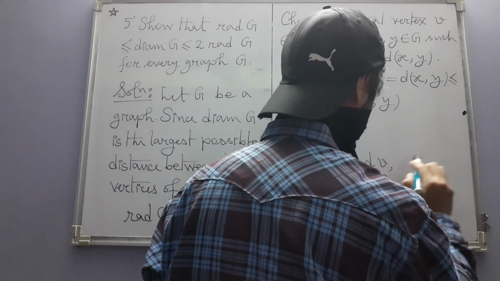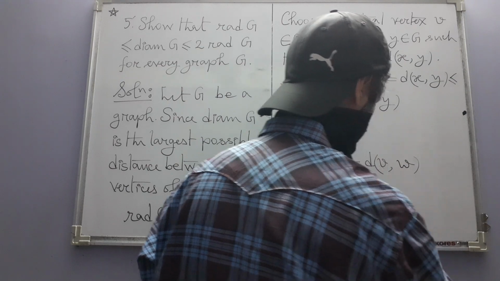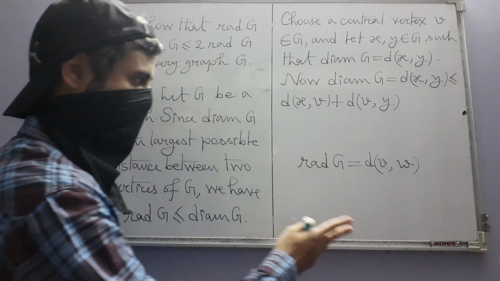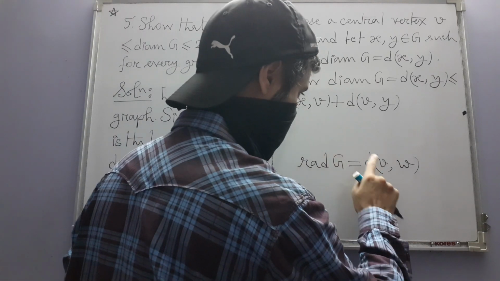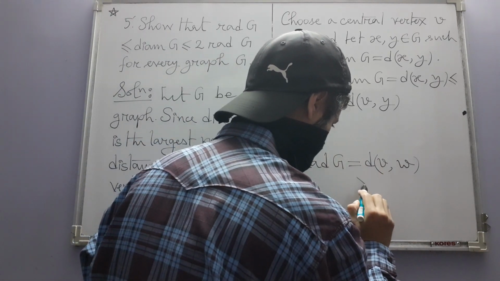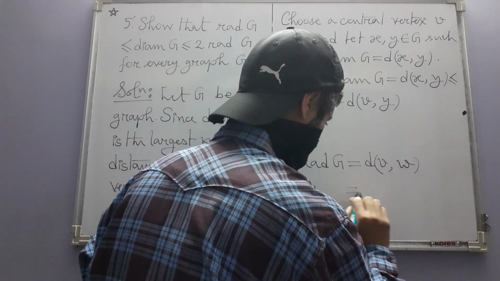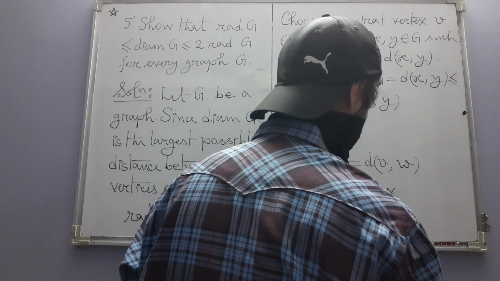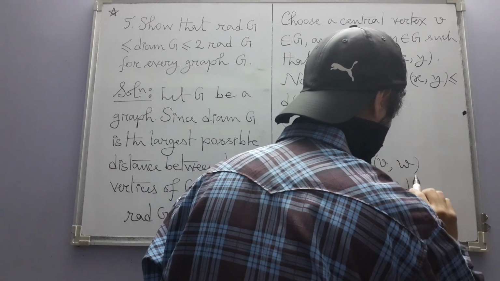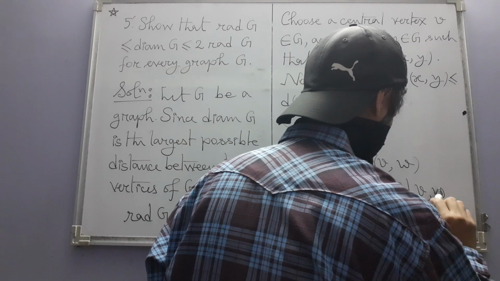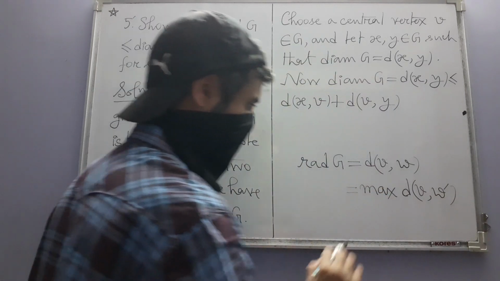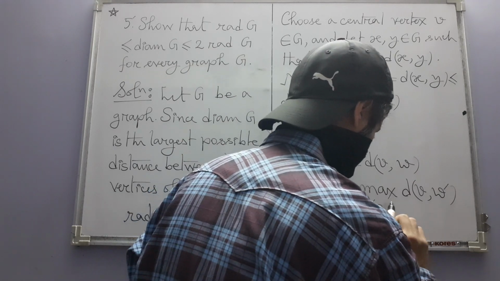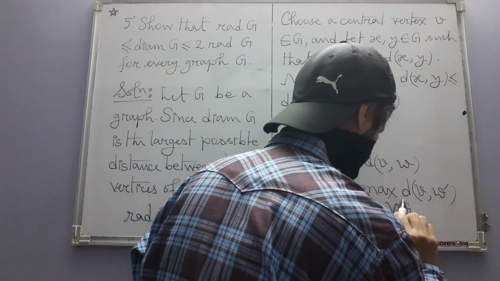Say that other vertex is W, and W is a vertex in the graph such that this distance is the maximum. By the definition of radius, this is the maximum among all such distances, as you vary W prime over the vertex set of G.